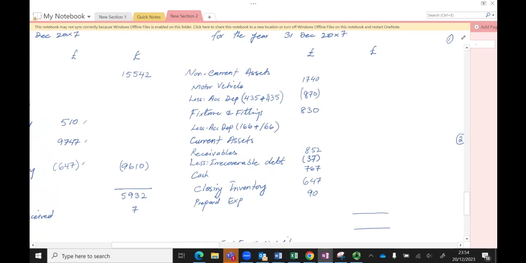Now the accumulated depreciation is 166 plus 166, 332. If I add all the non-current assets and subtract the accumulated depreciations, the total is 1368.